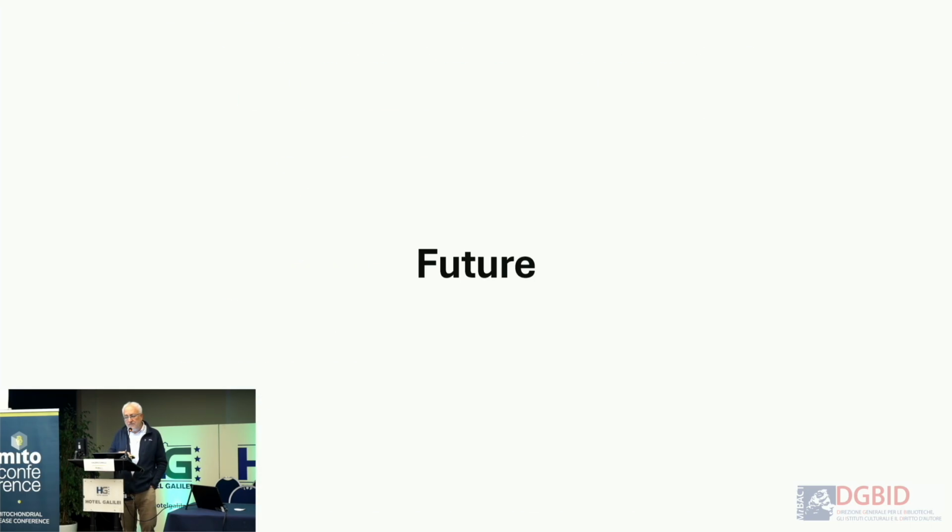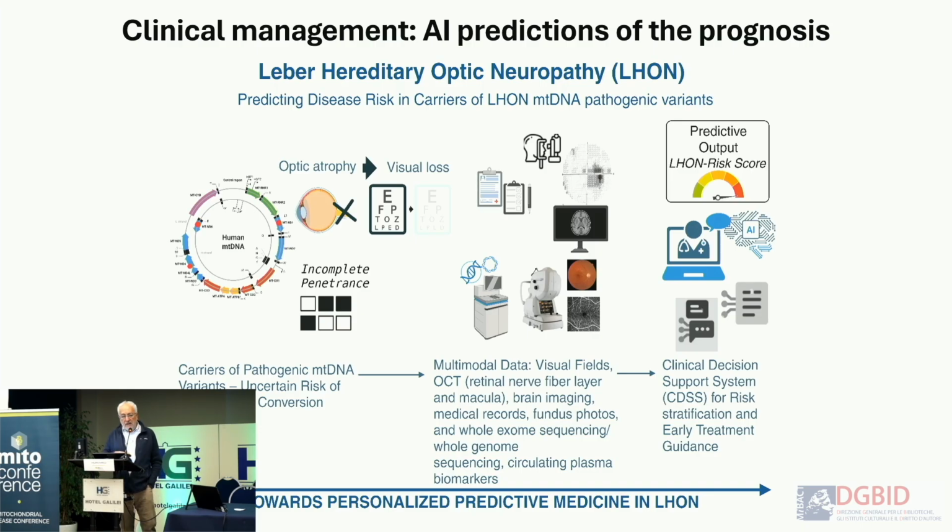So the future. It would be really nice, because there is an incomplete penetrance in both Leber's and dominant optic atrophy, that we may understand exactly what are the prognostic factors that could predict who is undergoing the visual loss at some point in life and who is not. And we have now a pending, under review, grant application about using artificial intelligence and multimodal assessment of these patients.